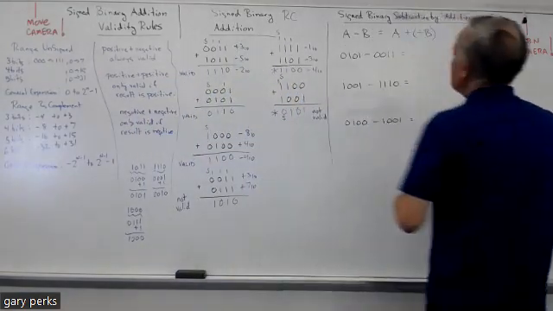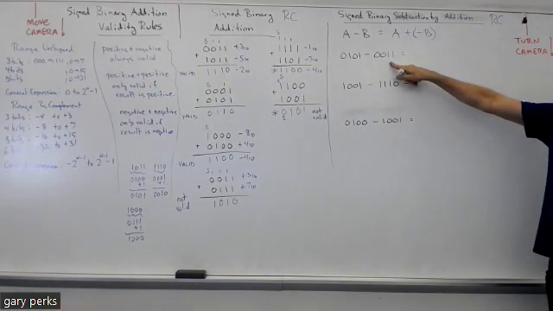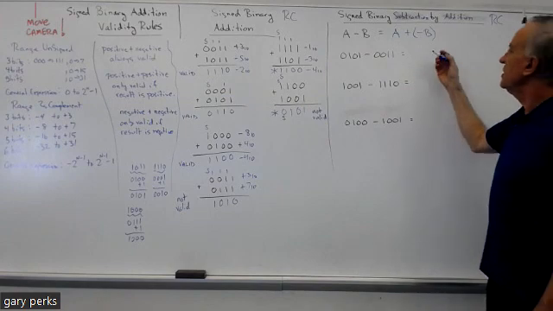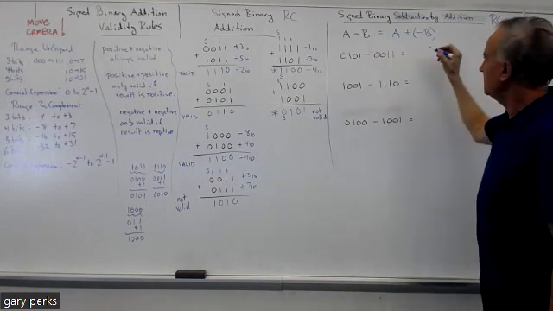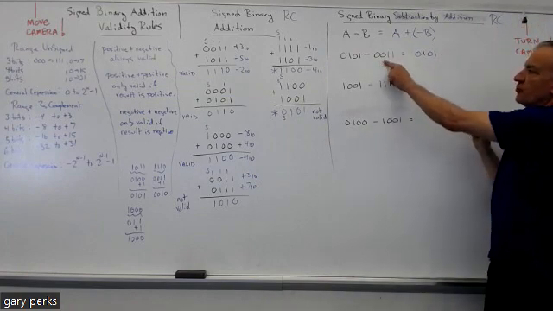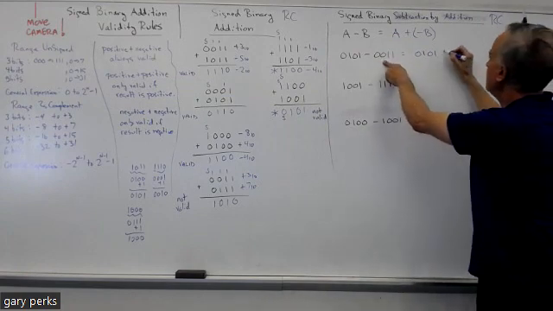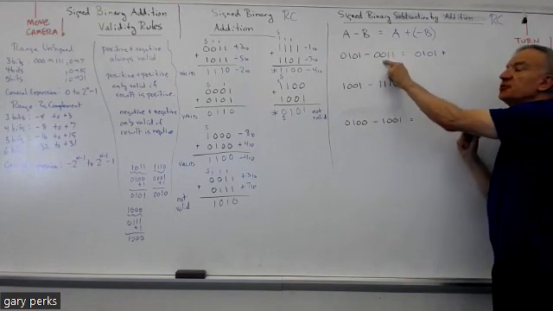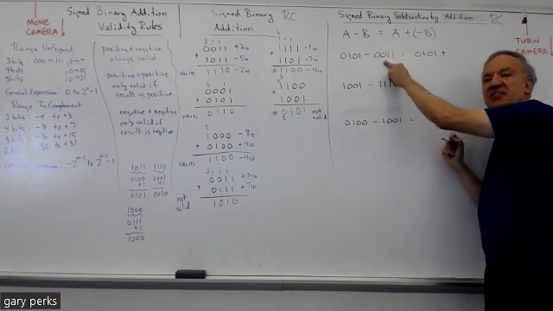Okay, so if I'm going to do this subtraction here, what I would do is first write A, just like you see here. But then instead of subtracting it from this, I would add it to the two's complement by taking the two's complement of this.